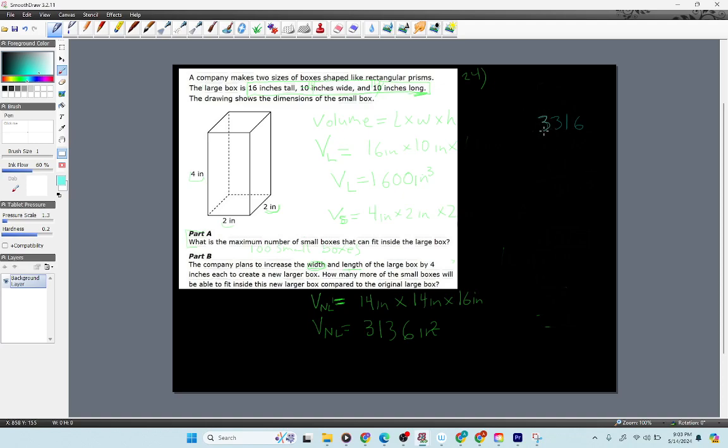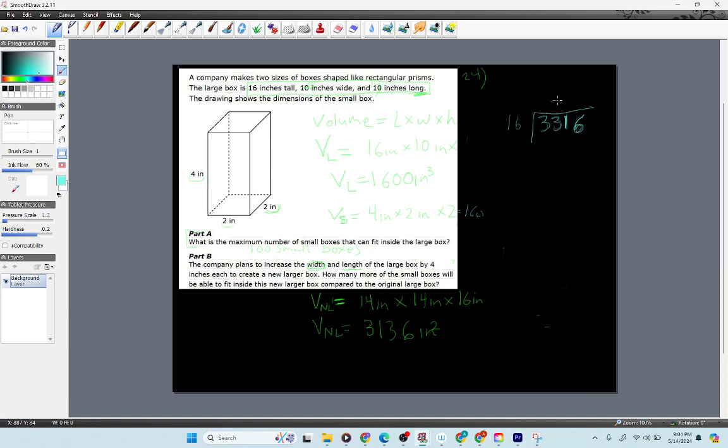We have 3,136 divided by this smaller volume, which was 4 times 2 times 2, which is 16. Okay. So we're dividing this value by 16.